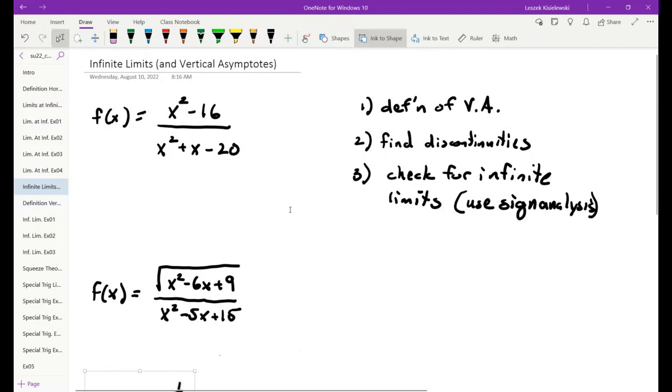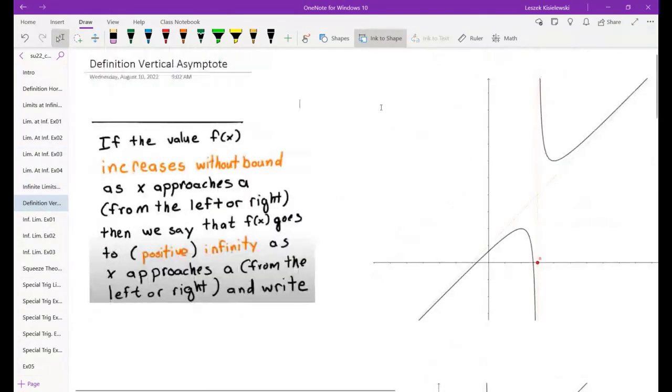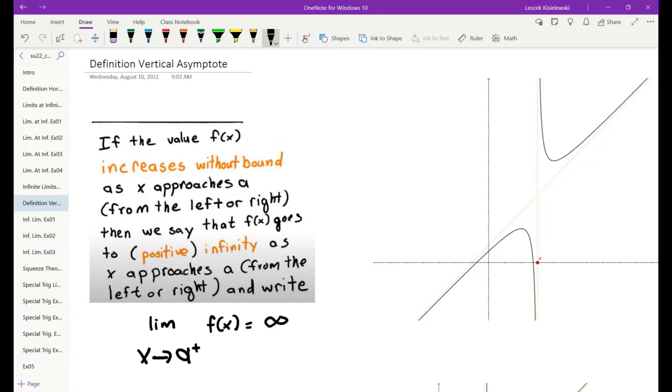Okay, so now we're going to look at infinite limits. So this is going to be where the function's values go off to plus or minus infinity. Okay, so let's just look at a definition. All right, so if x is approaching a number, let's say in this picture from the right, and the function grows without bound, so it goes off to infinity, we call that an infinite limit.